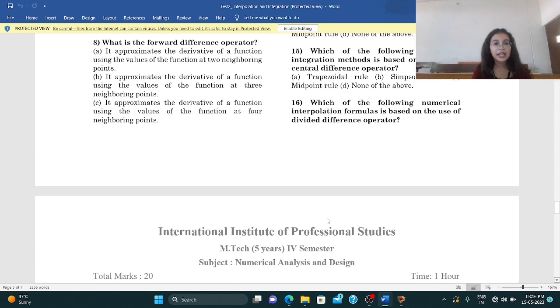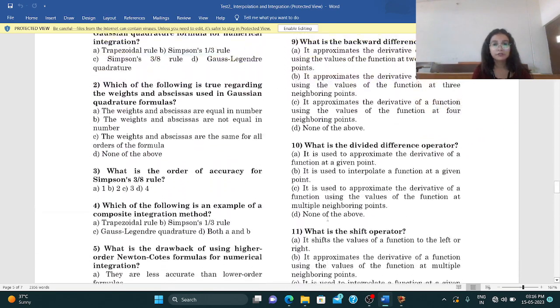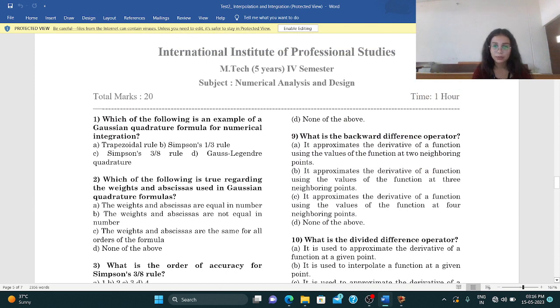Option C. It approximates the derivative of a function using the values of a function at four neighboring points. And option D. None of them. And the correct option is it approximates the derivative of a function using the values of a function at two neighboring points.